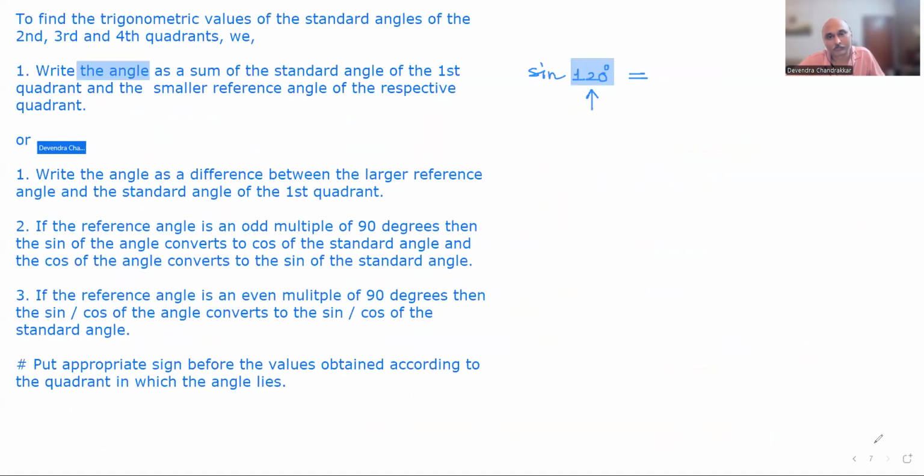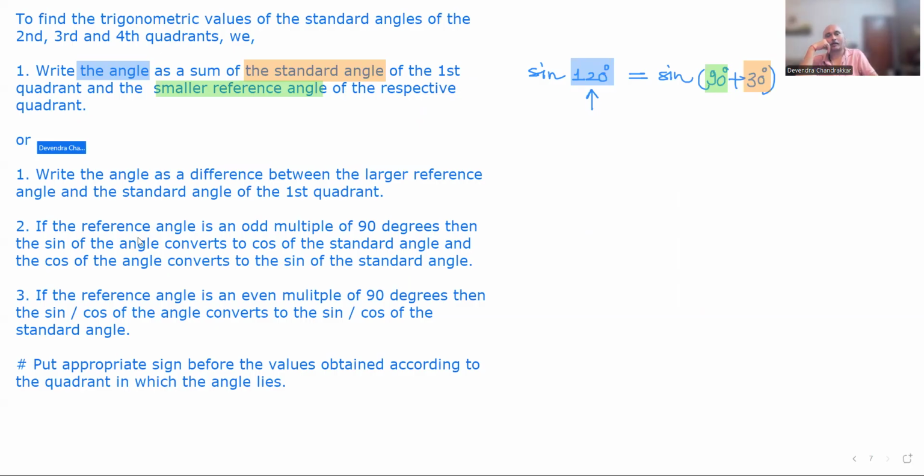So we will write sine of 90 plus the standard angle of the first quadrant, which is 30. 90 plus 30 will give us 120 degrees. The green one is the smaller reference angle and the orange one is the standard angle, right?